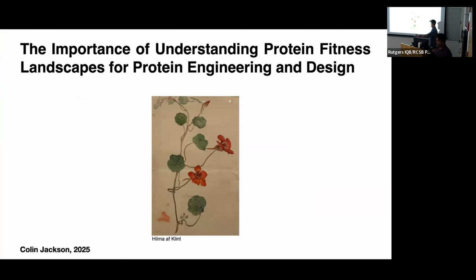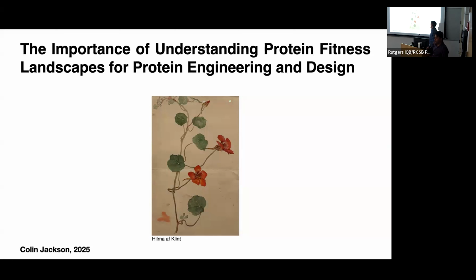Thank you all for coming to the first special seminar in the IQB seminar series. It is my pleasure to welcome Colin Jackson from the Australian National University. Colin has been a professor at ANU since 2012, and he grew up in New Zealand, got his undergraduate degree there, and then went to Australia to work with David Ollis, a crystallographer, and got his PhD with David.